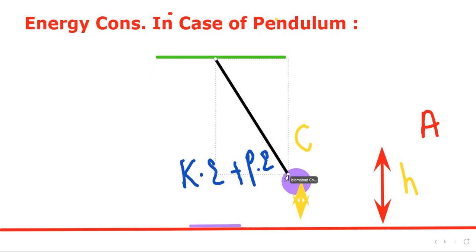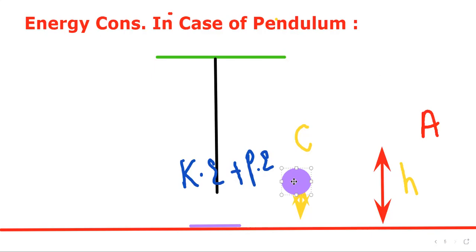When the pendulum continues its motion, it will reach the mean position here. At this point, the pendulum has zero height because it is near the surface, so its height is zero.